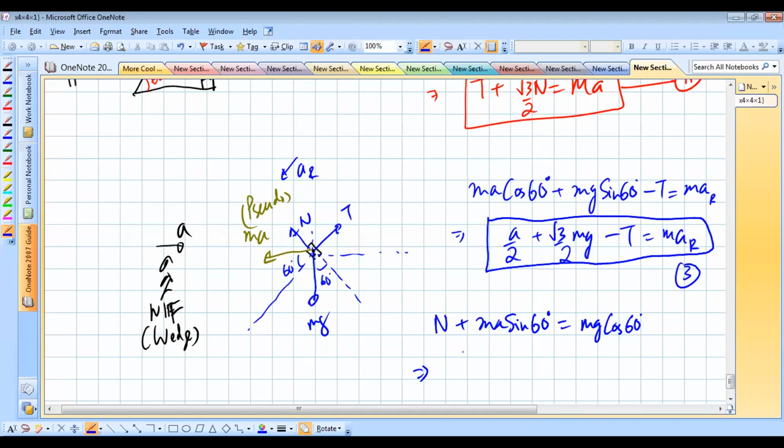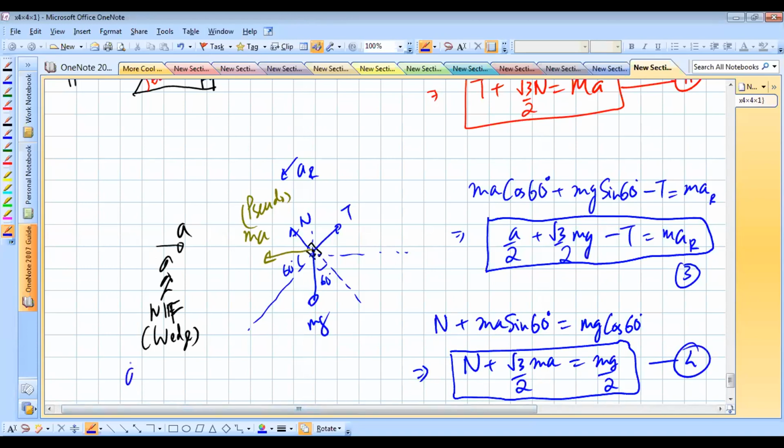Okay, so N plus root 3 by 2 small m is equal to, you can find. And these were the 4 equations.